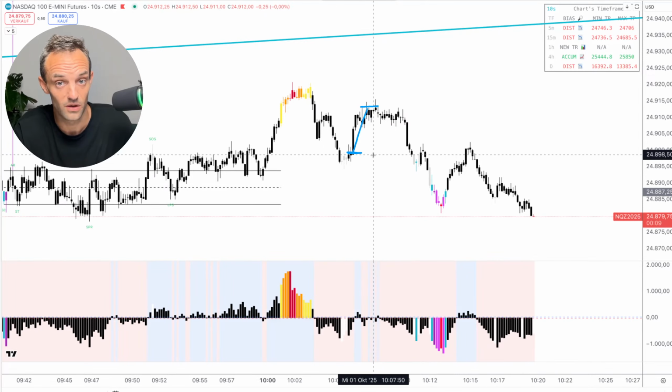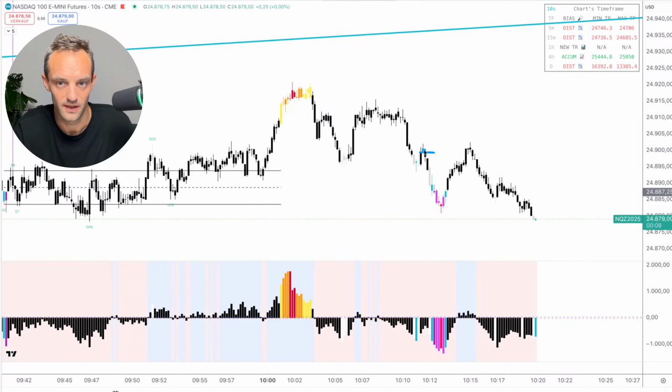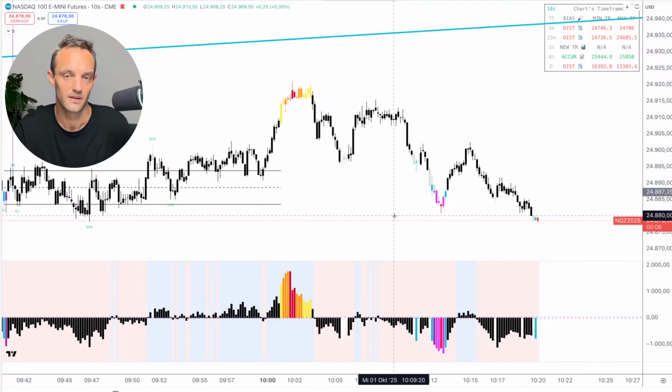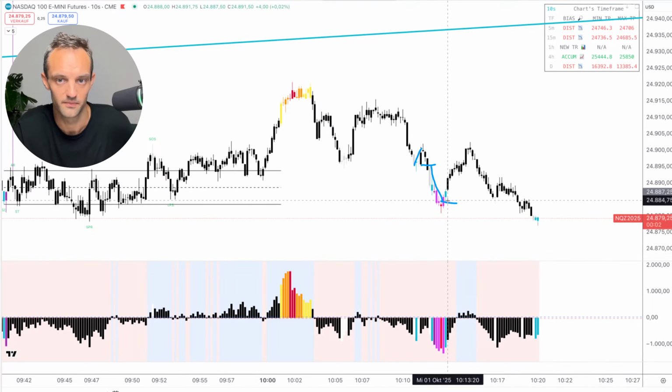And even more, for example, you did the same thing here. Okay, you enter here, they don't continue and you get stopped. You know it's a continuation. You switch around your position and you enter in a short direction and you can make a profitable trade with it. I mean, first one is a losing trade, second one is a winning trade.